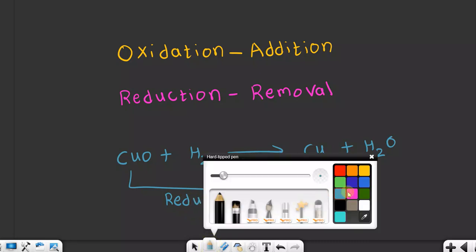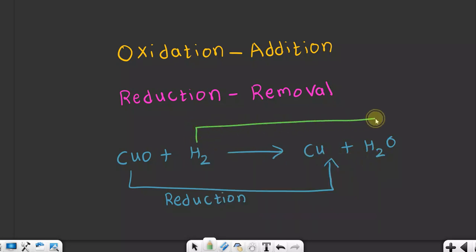Similarly, hydrogen was not having oxygen, but on the product side it now has oxygen. So in case of hydrogen, addition of oxygen has taken place, and this is oxidation. That is why this kind of reaction is said to be a redox reaction.